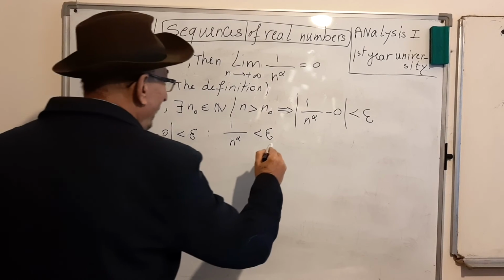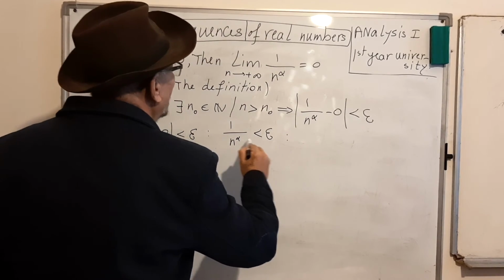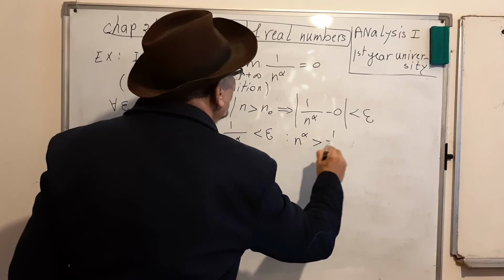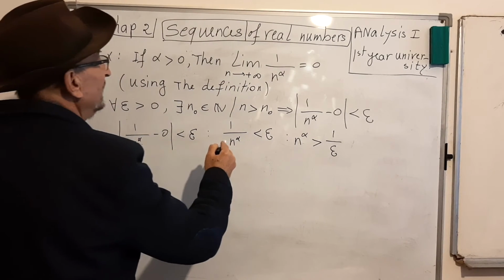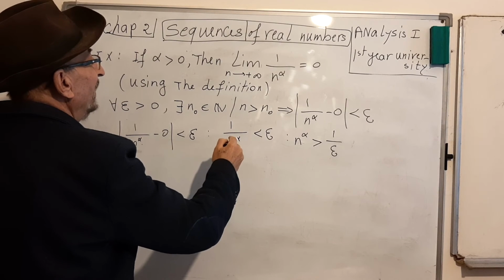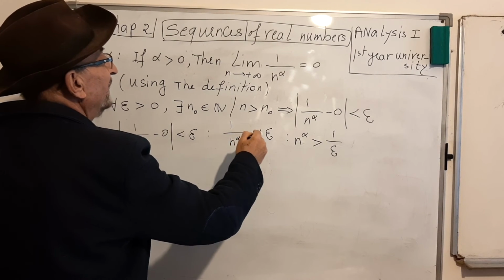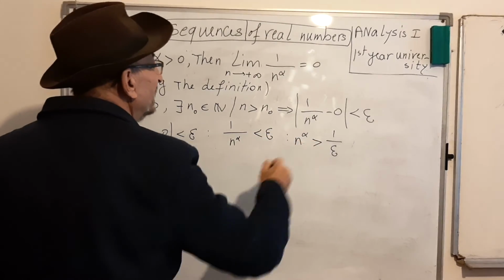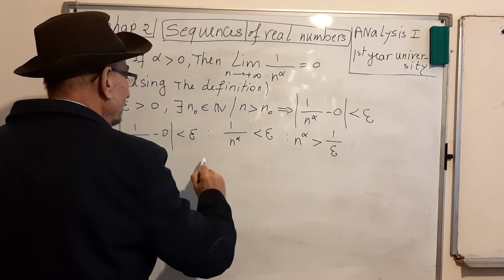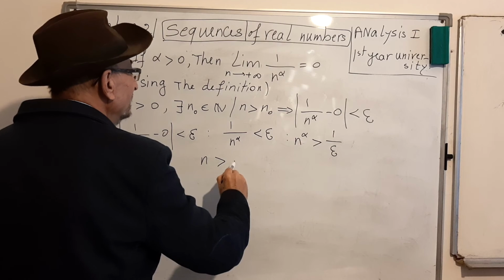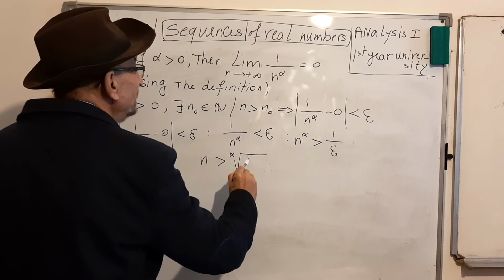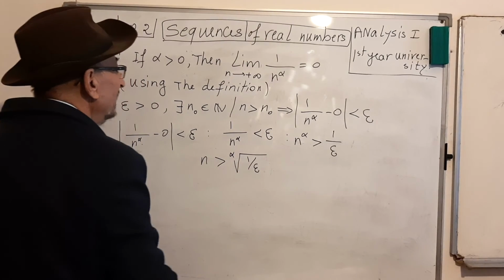Alpha is given. So n alpha is greater than 1 over epsilon. The inverse of 1 over n alpha is n alpha greater than the inverse, 1 over epsilon. N is greater than the alpha root of 1 over epsilon.